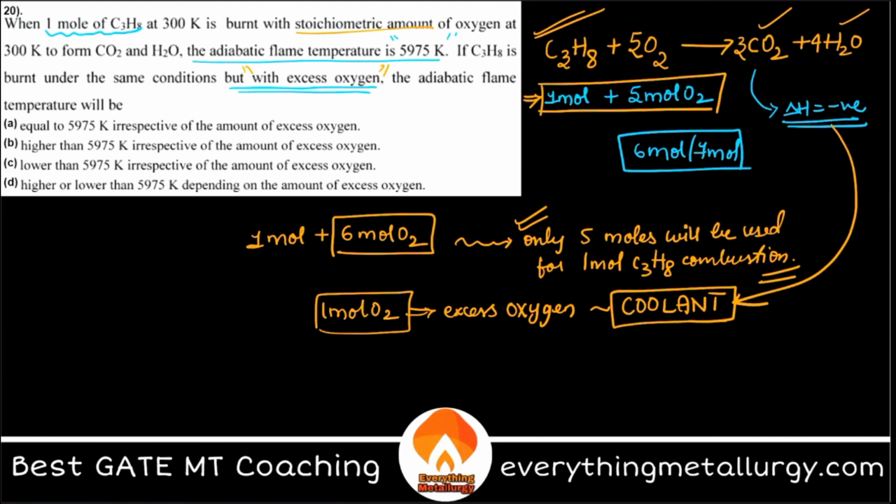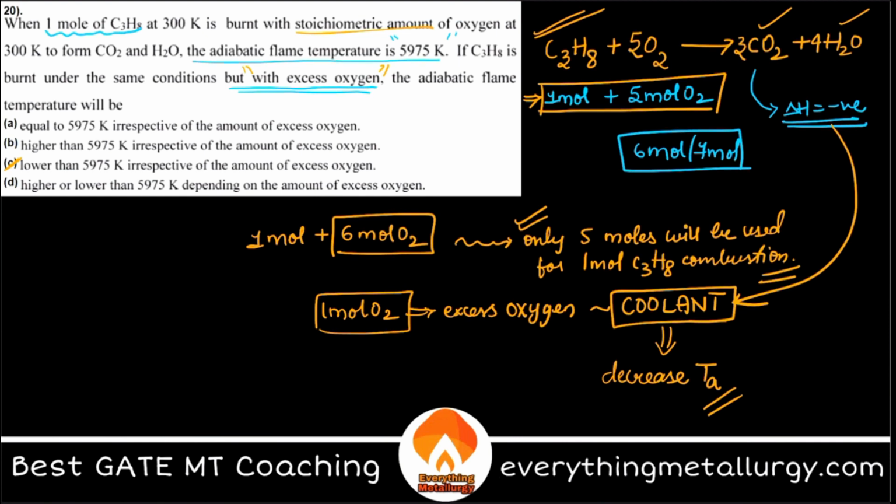As it takes the temperature away from the system, it decreases the adiabatic flame temperature. That is the answer. So option C is the answer: the temperature is lower than 5975 Kelvin irrespective of the amount of excess.